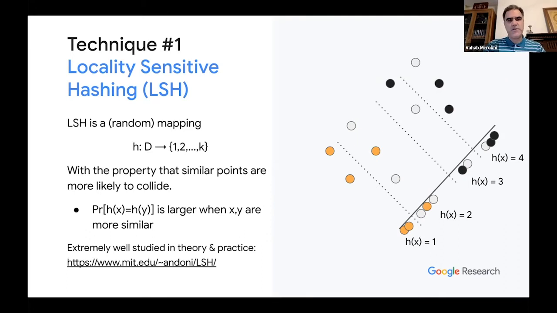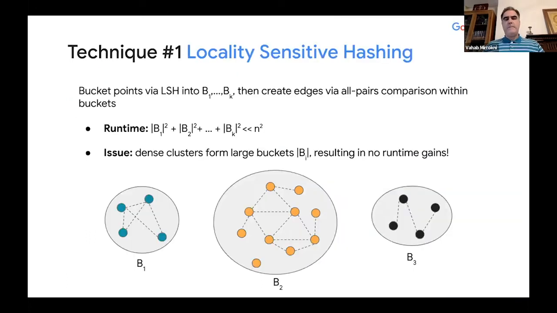One challenge that can show up is that points in the dense part of the data can result in large buckets. And if we have large buckets, we may need to compute many pairs of distances in each bucket. That can be a problem.